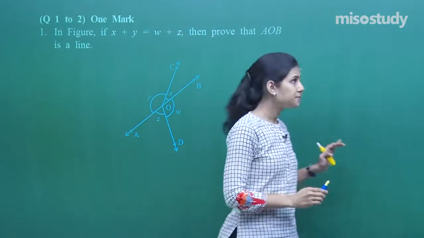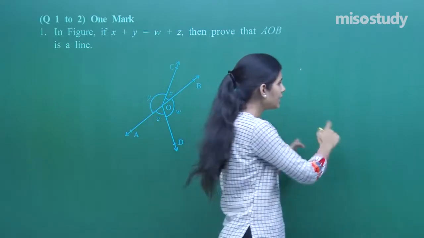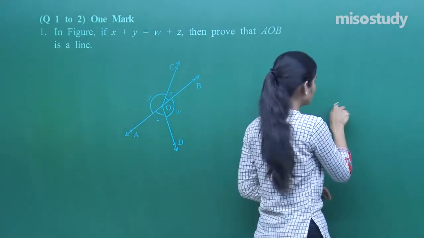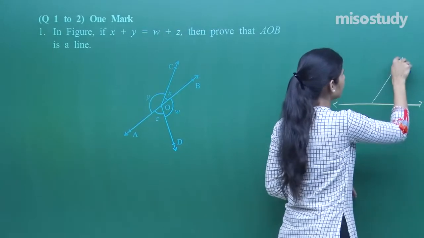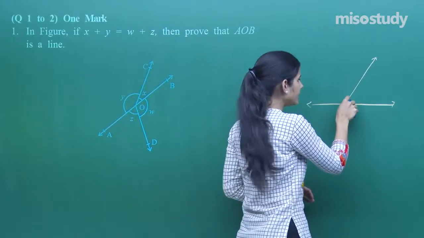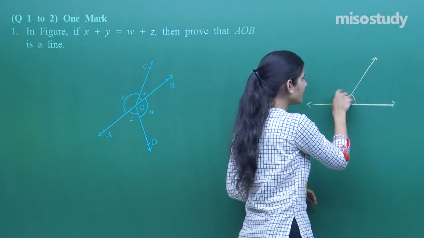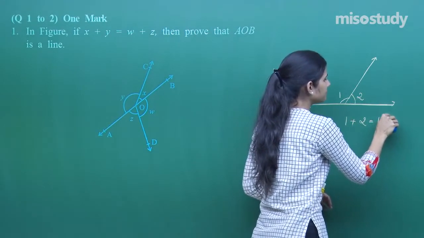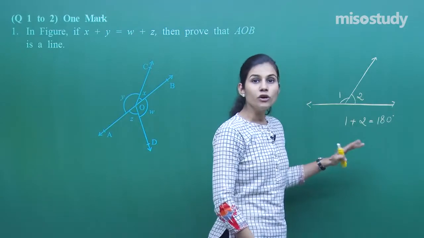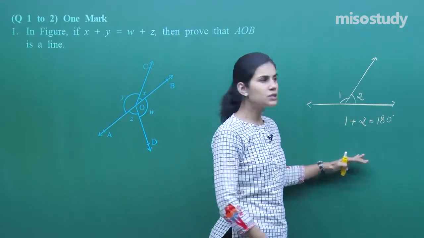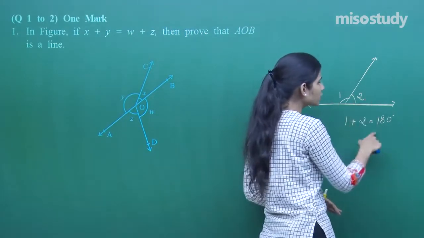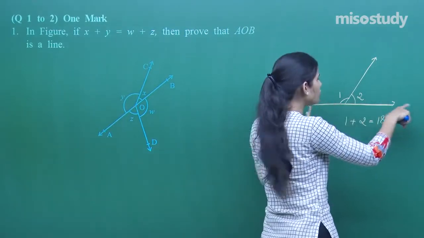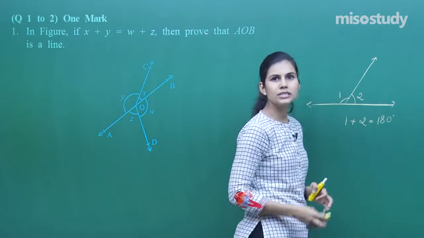It says that if on a straight line there is a ray standing, then it produces two adjacent angles such that when you add them you get 180. Its converse was that if there are two adjacent angles whose sum is 180, then definitely their uncommon arms are going to be opposite to each other or they will be forming a straight line.